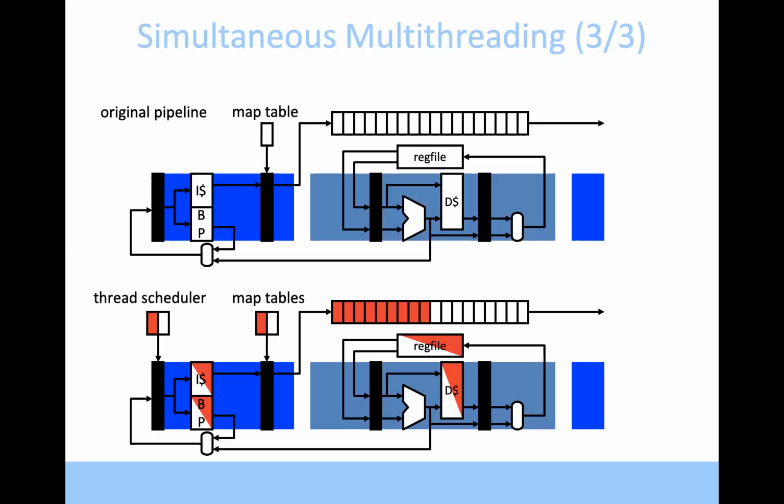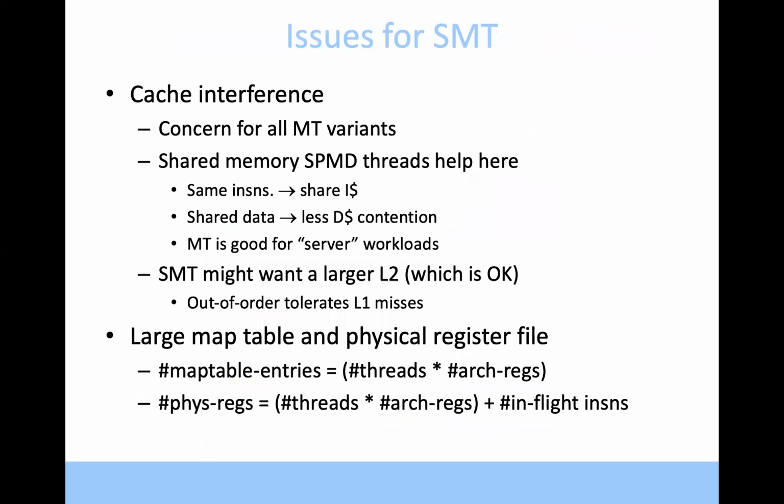Anyway, so coming back to SMT, SMT has a bunch of issues. Cache interference. You have two threads that are competing for cache space. They might be evicting each other's stuff, so that happens. But this is true any time that you're sharing resources.